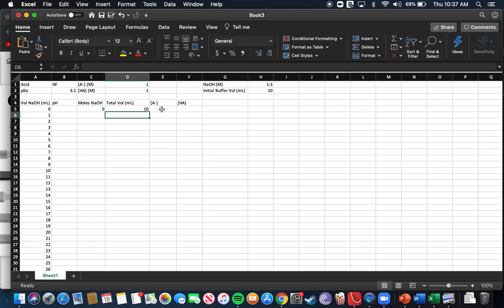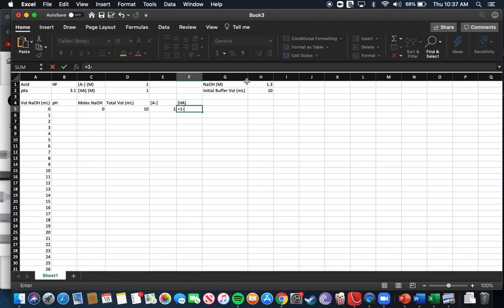Our concentration of conjugate base is going to be 1 plus however many moles you added, divided by the total volume. And again, converting to liters, we want to multiply by 1,000. By the same token, we're going to do that for our weak acid.